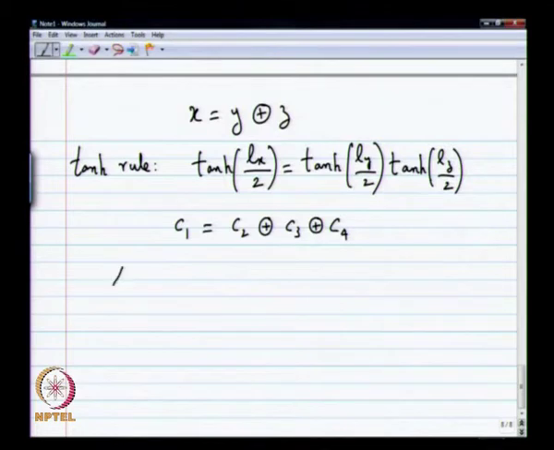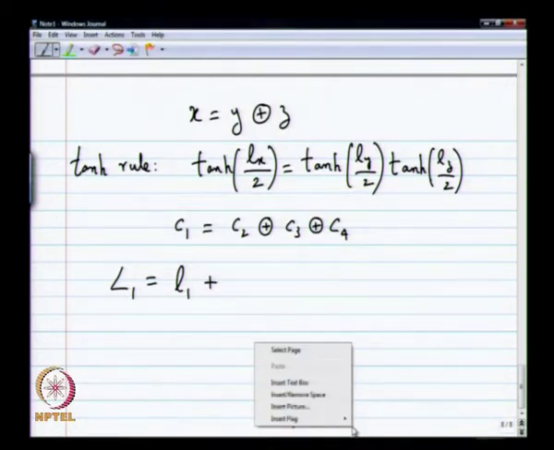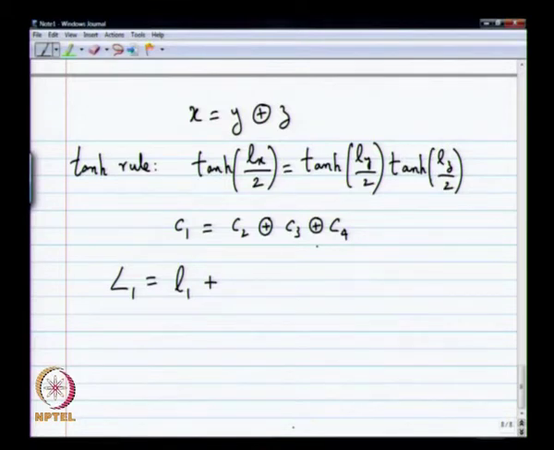So remember, when I write capital L1, how will I write capital L1? I can write it as small l1 plus the extrinsic information, and what is the only extrinsic information that is possible? That comes through this equation. And what is the extrinsic information that comes through this equation? That is the solution of this. So how will I write that? The way to write it is 2 times tan hyperbolic inverse of what?